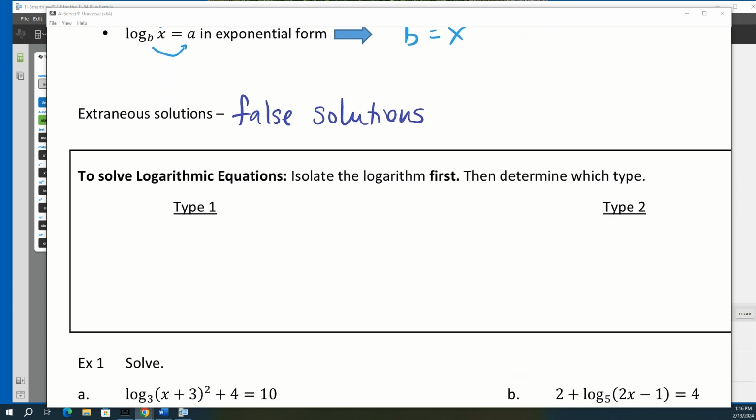It's a false solution where you do everything you're supposed to do, but when you get a number, you plug it back in. It just gives you something that's untrue, or it gives you an error. So sometimes that happens with logarithmic equations, so we're going to make sure you check solutions. And that's just plugging it in the calculator. It's no big deal.